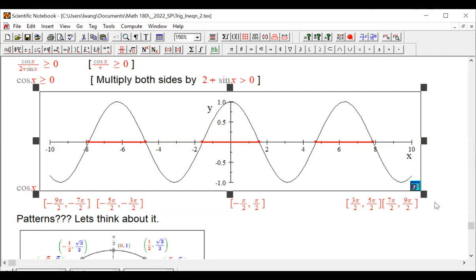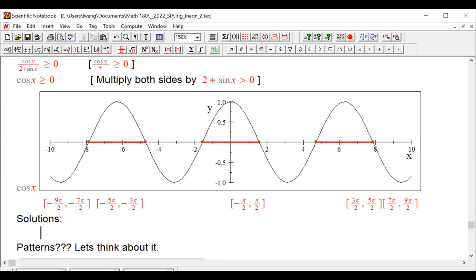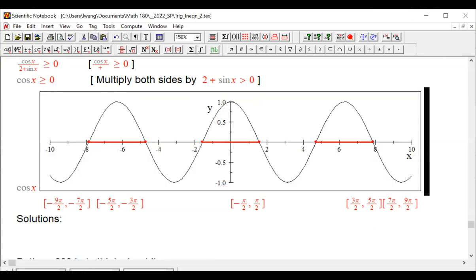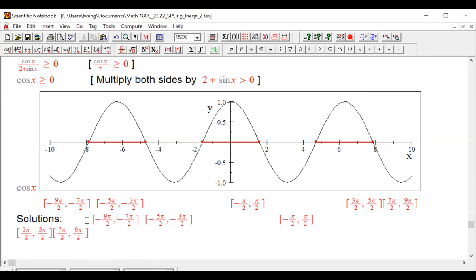So let's put an answer to it. Solutions, you can present it this way. You basically present the pattern to the reader, right? So you let the reader observe the pattern.